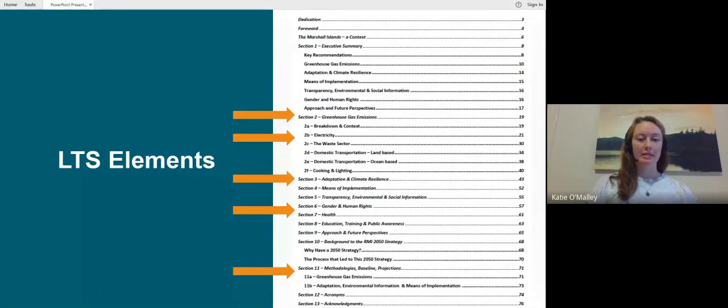Section 3 discusses adaptation and climate resilience, and then the LTS transitions into means of implementation. Transparency considerations are also included later, gender and human rights, health, other social considerations, and the LTS finally ends with more detail on methodologies. So a really holistic strategy and approach is listed here.